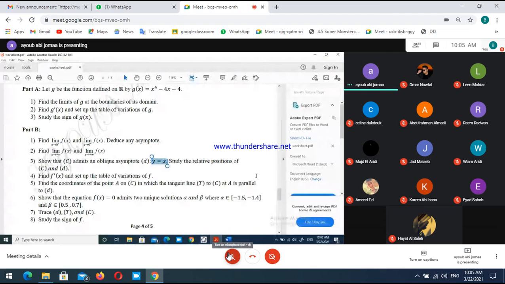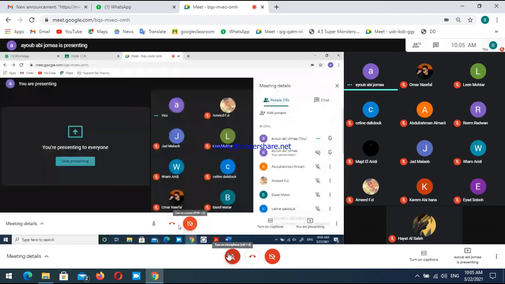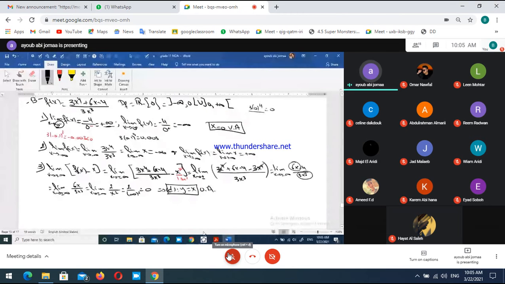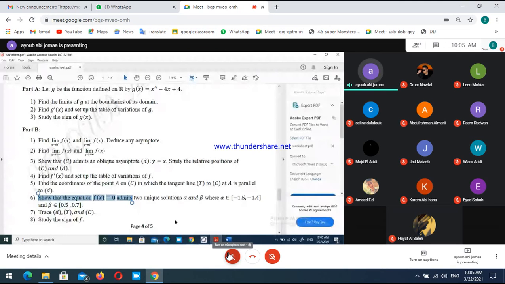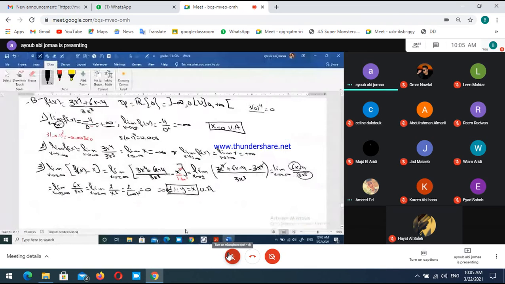Okay, continue with part 4, or no, before part 4: study the relative positions of C and D. Part 3 we are still here: study the relative positions of the curve and the line. Continue, yes sir.